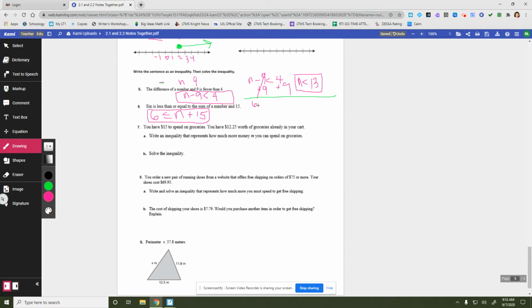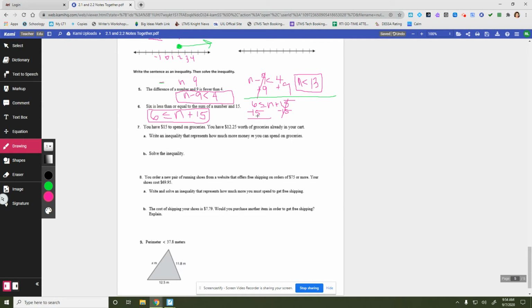So if I have 6 is less than or equal to n plus 15, then to solve that, I'm going to undo this. That's with my variable. So the opposite of adding 15 is subtracting 15, like that. Of course, if I do it on one side of the inequality, I have to do it on the other. This cancels.